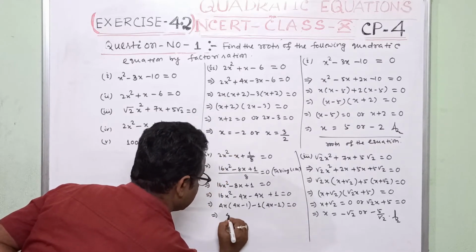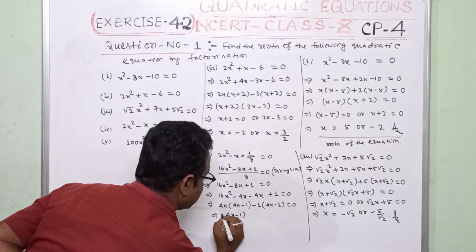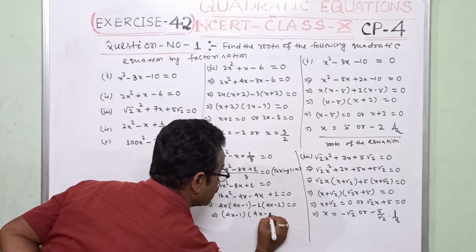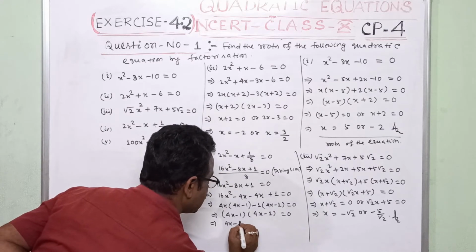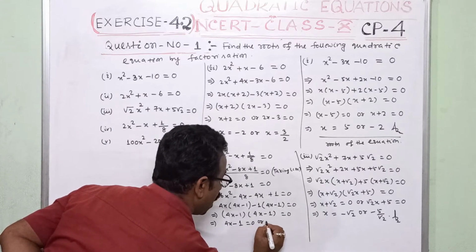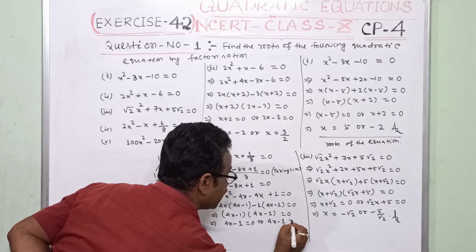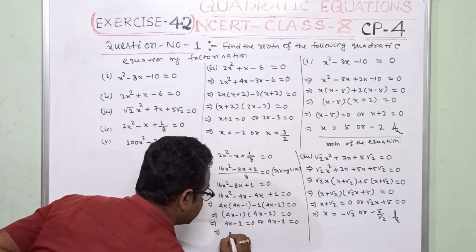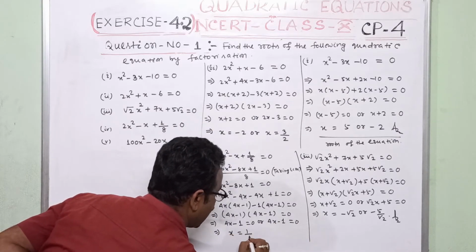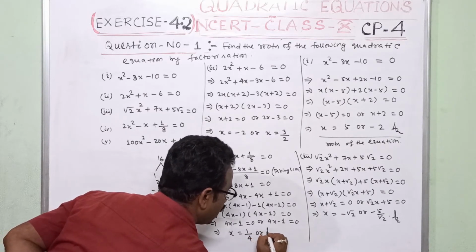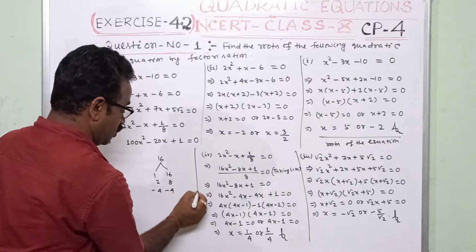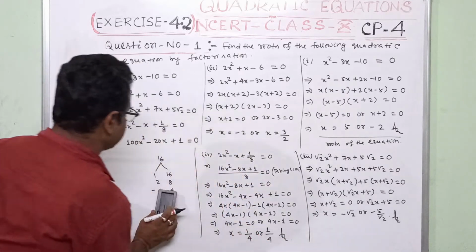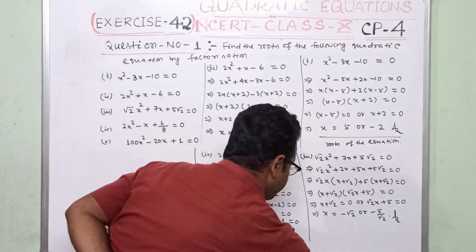That implies 4x minus 1 into 4x minus 1 is equal to 0. That implies 4x minus 1 is equal to 0 or 4x minus 1 is equal to 0. That implies x is equal to 1 by 4 or 1 by 4. Answer.